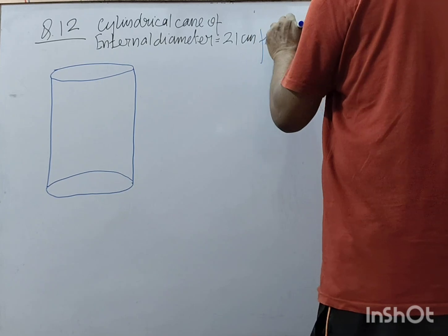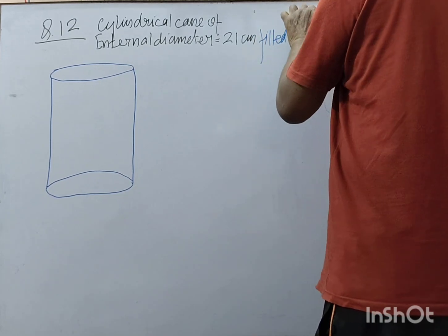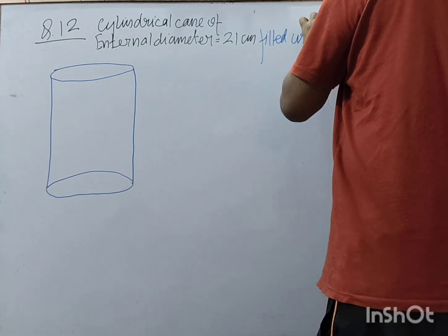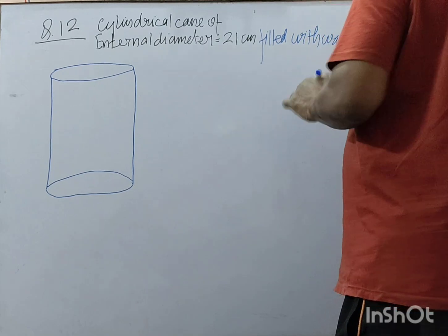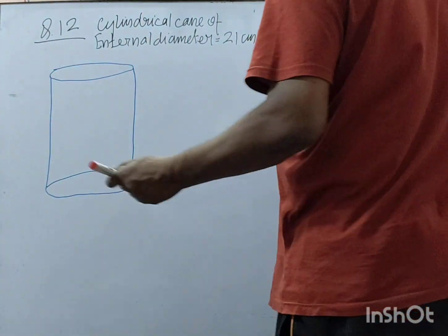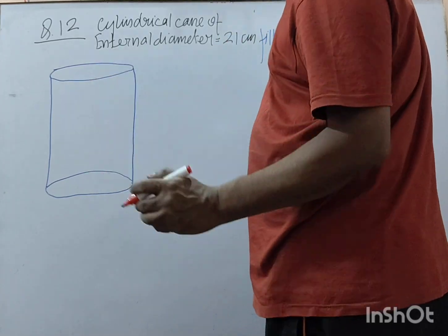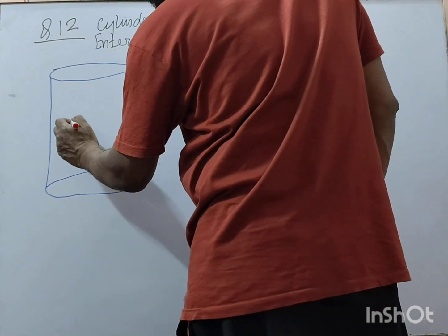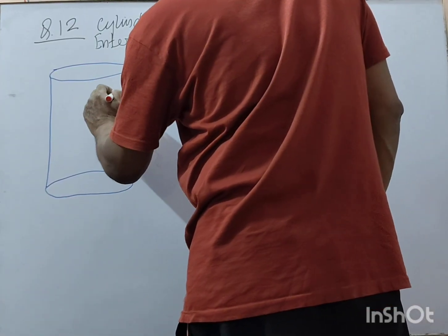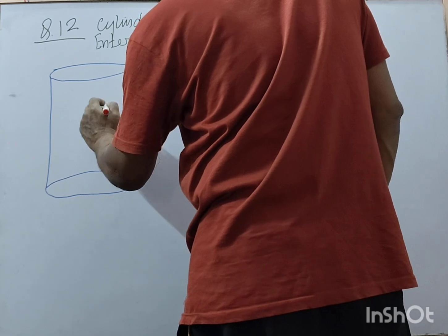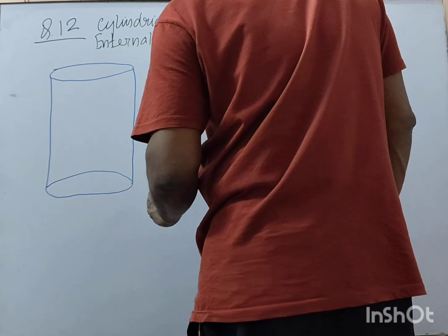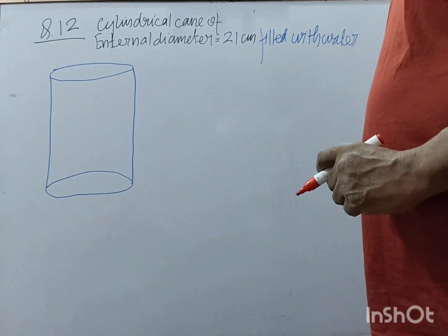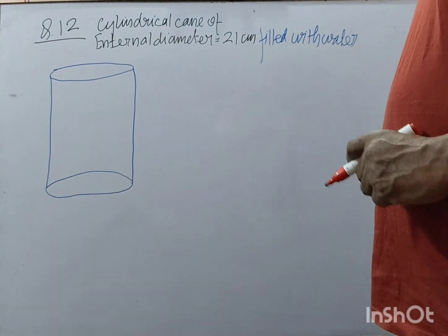And then you put a solid sphere, which is lowered into the cylindrical can.